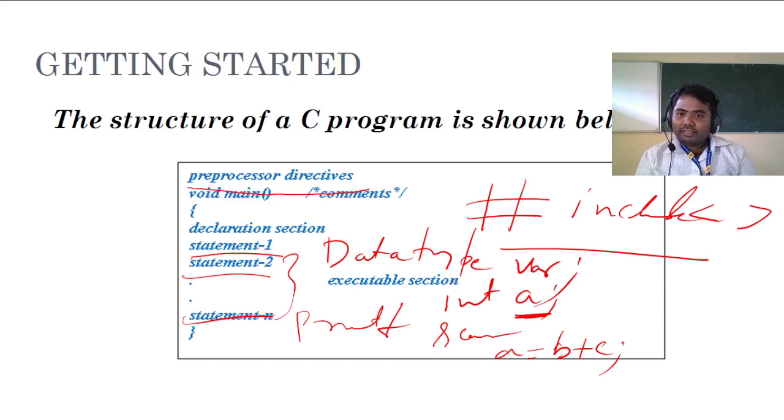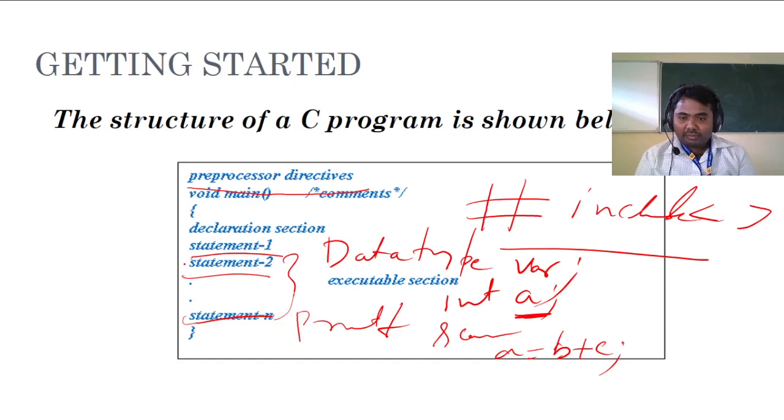Along with this, the program may contain descriptions, which are called comments. These comments will not get executed. Comments are just information to the reader or to the program user. There are two types of comments.